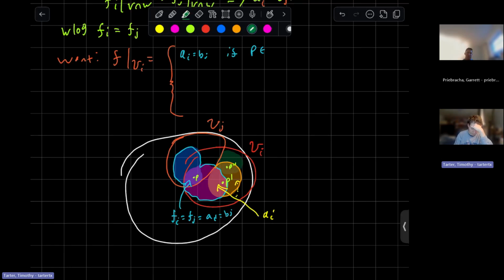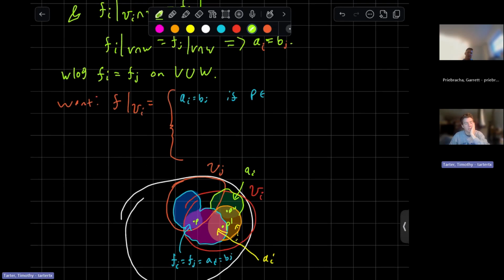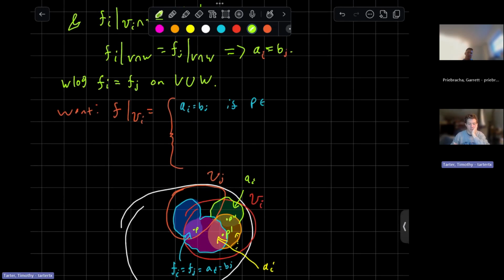Let's use green. And we do the same thing, and we get added on to it this area where we also get the constant function AI. And so by pushing around these open neighborhoods, we get just the constant function everywhere.